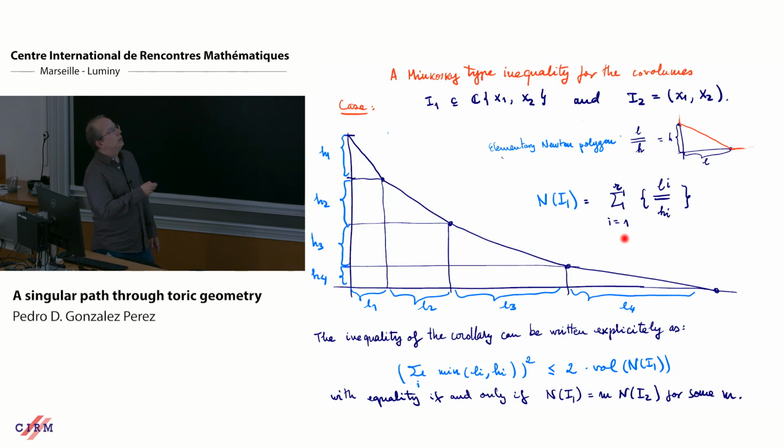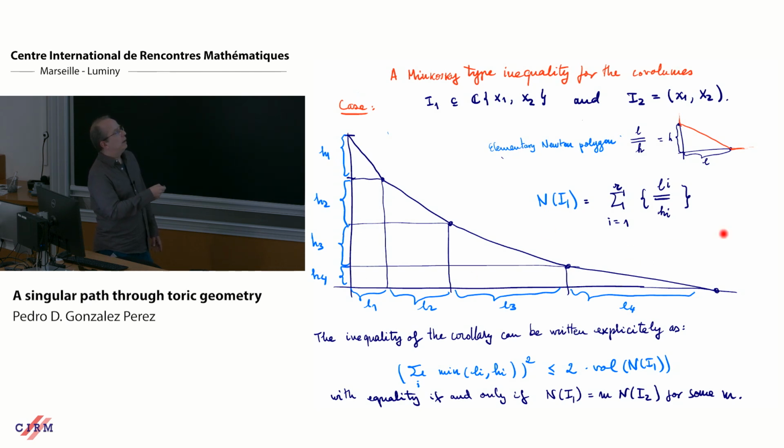Then the Newton polygon of I1 can be written in a unique way as a sum of elementary Newton polygons, where an elementary Newton polygon is determined by its height and its length, horizontal and vertical. This is an example of how to do this, okay?